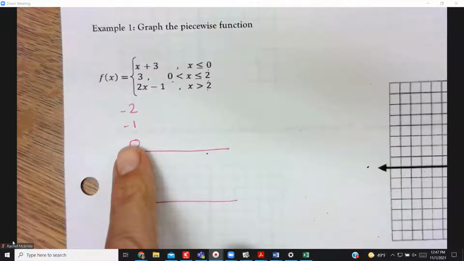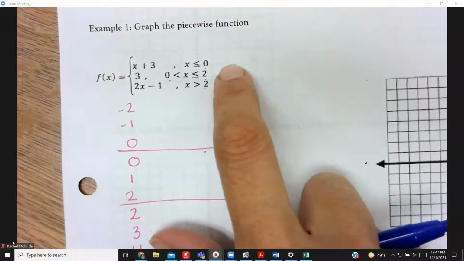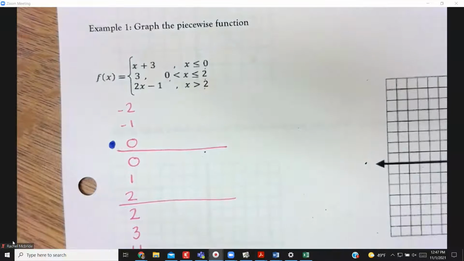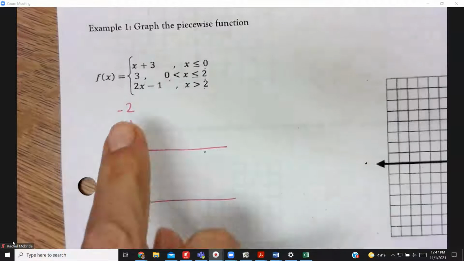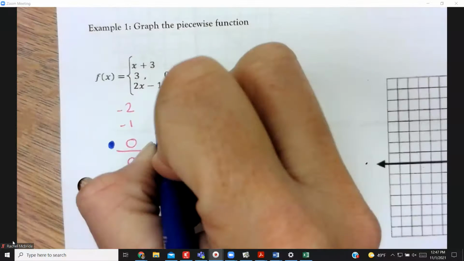So for the top function, negative 2 to 0, that's this function right here. That's a closed circle at this point. And then I'm plugging each of these numbers into this equation here.